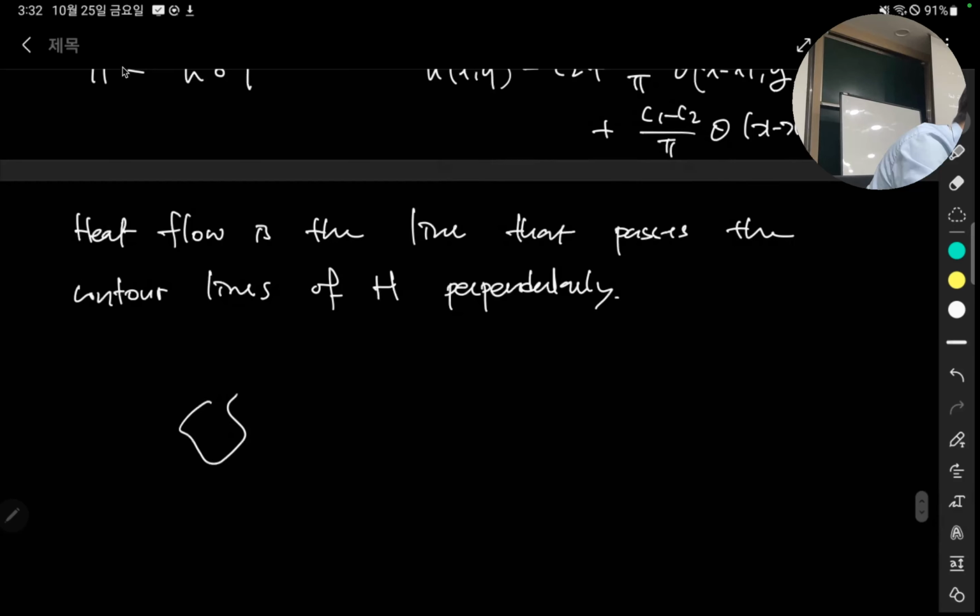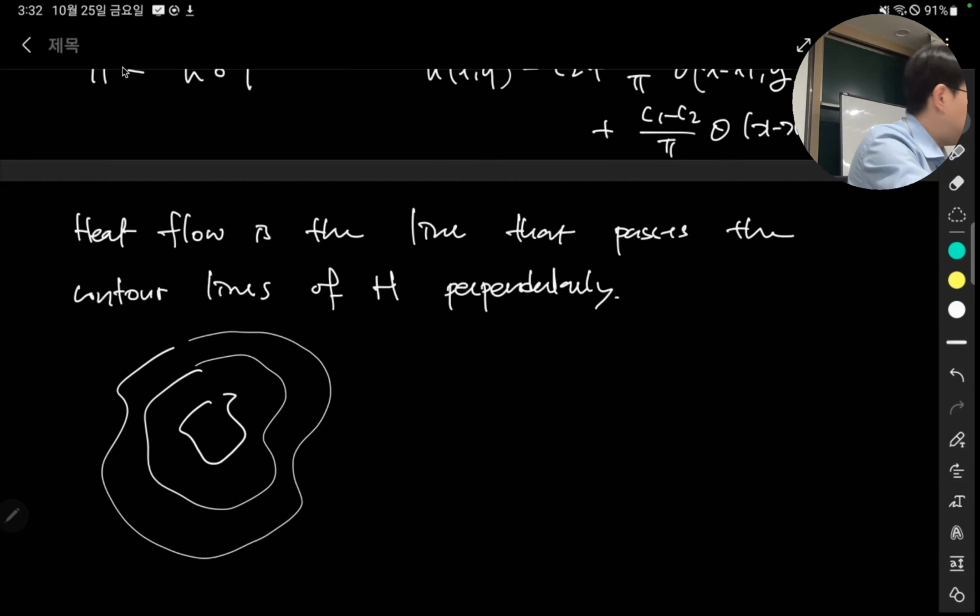As I think I mentioned before, if this is your contour line of heat, meaning that one contour line represents the line that has the same temperature, then your heat flow is something that flows in the perpendicular direction of each contour line that it passes. So how do we get that?